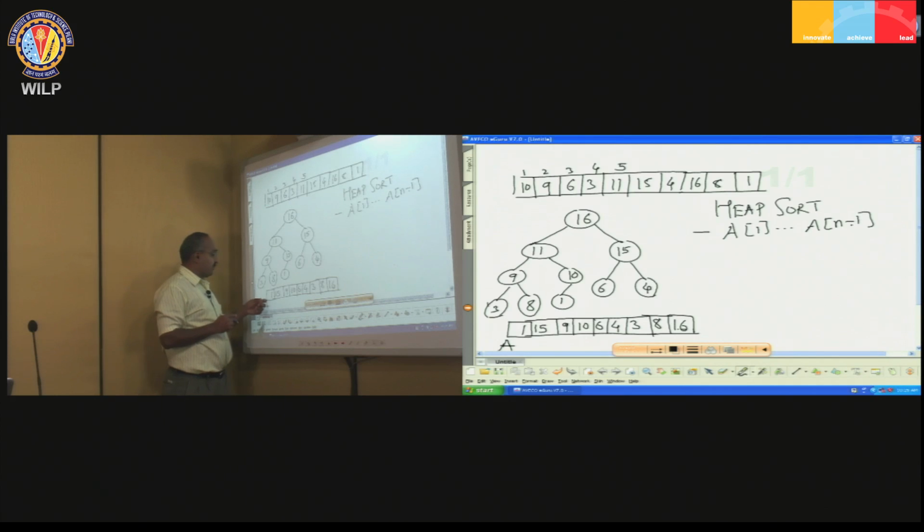We know that except for A1, the rest of the elements are part of a heap.